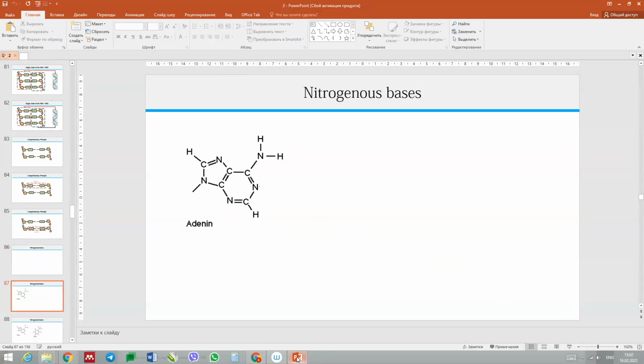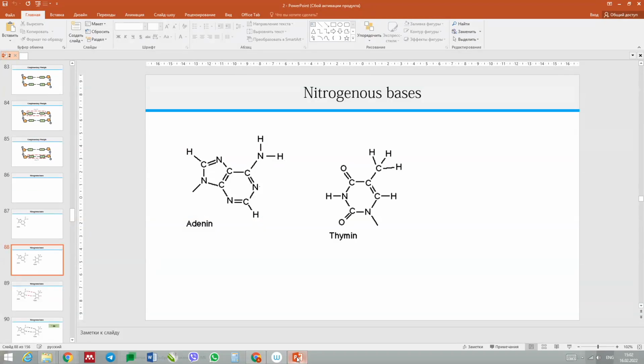This is a chemical formula of adenine, and this is a chemical formula of thymine. Due to their special chemical organization and interrelationship between the chemical organization of adenine and thymine, it is possible to make such contacts that are highlighted here in red color.